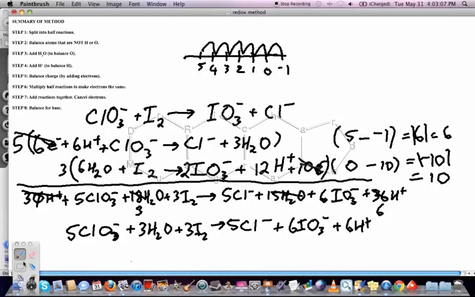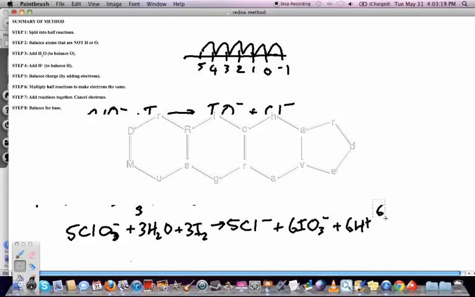I'm going to get rid of all this stuff here. And we will now go ahead and balance this for basic conditions.